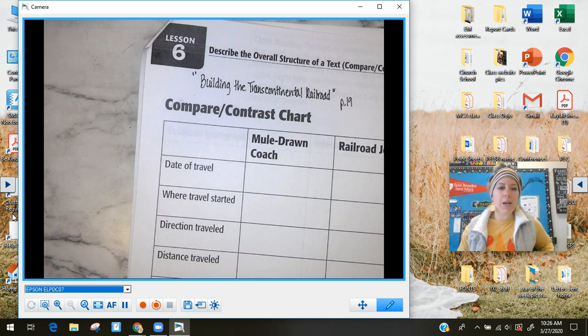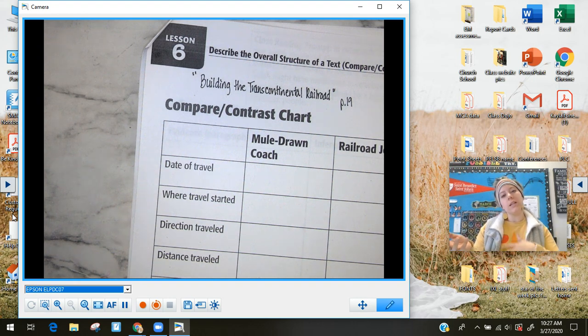And we're going to compare and contrast what a mule-drawn coach ride was like, so like a buggy ride by a donkey, and we're going to compare it to what railroad travel was like and see what the differences are. So everybody turn to this page. We're just going to read this little section right up here, and I'm going to read it to you.